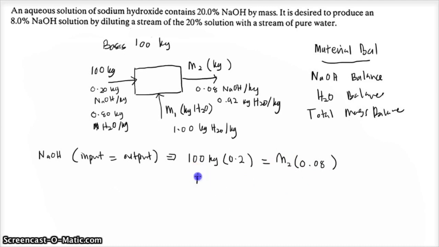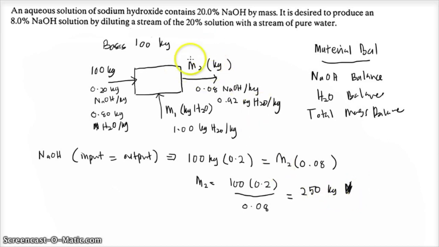So M2 is 100 times 0.2 divided by 0.08. From here we can find that M2 is equal to 250 kilograms.